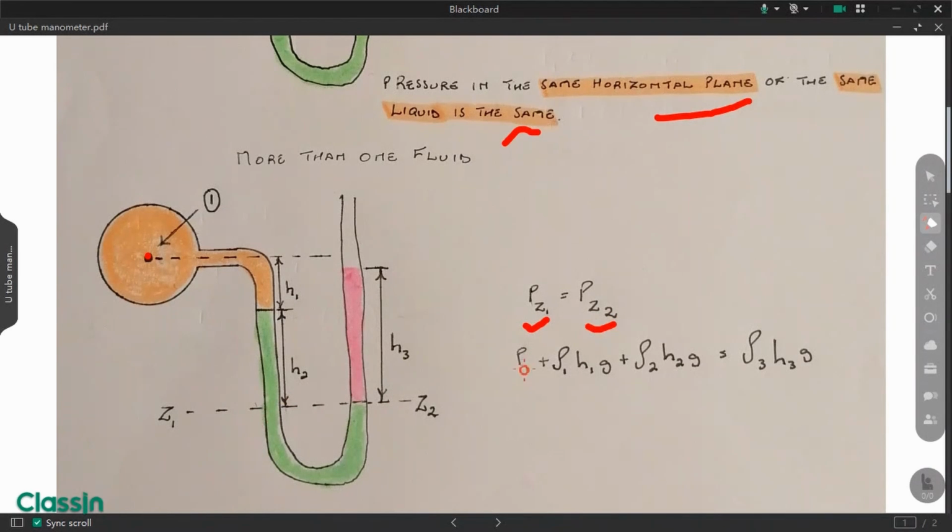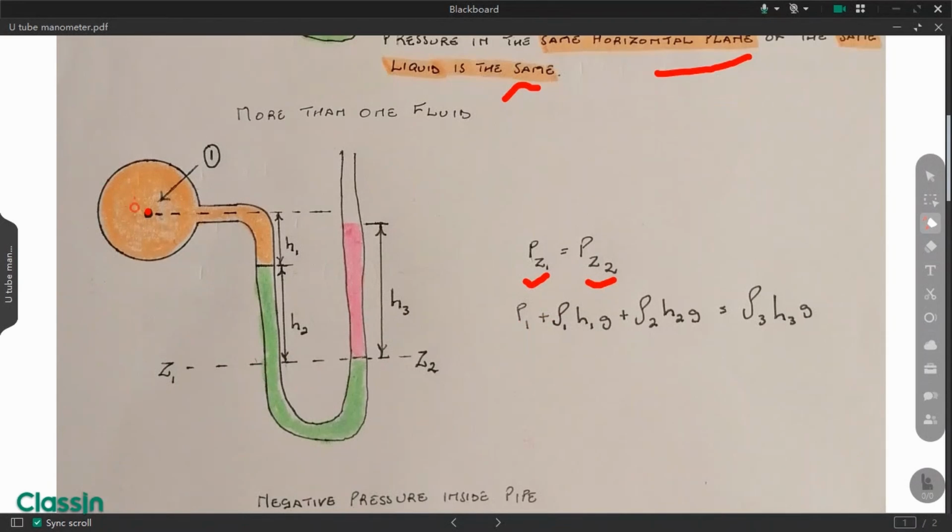So now P1, the pressure in the pipeline, plus the density multiplied by the pressure head multiplied by the gravitational acceleration of this fluid, plus the density of the second fluid multiplied by the pressure head multiplied by the gravitational acceleration, would be equal to the density of the third fluid multiplied by the pressure head multiplied by the gravitational acceleration. So now we can find how much P1 is.